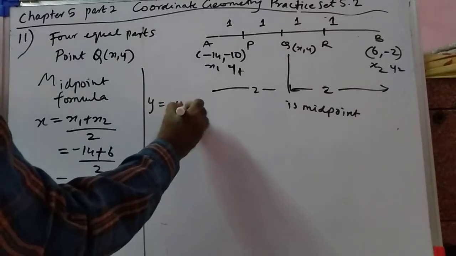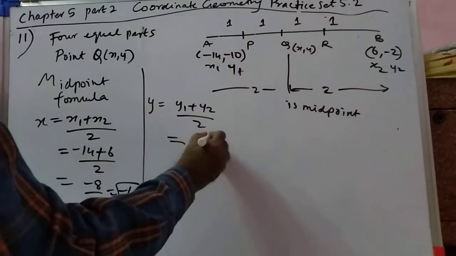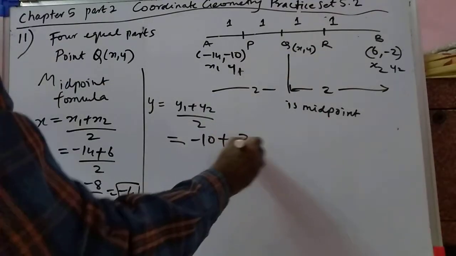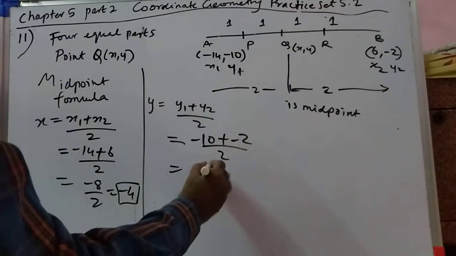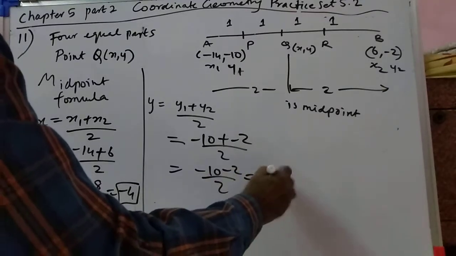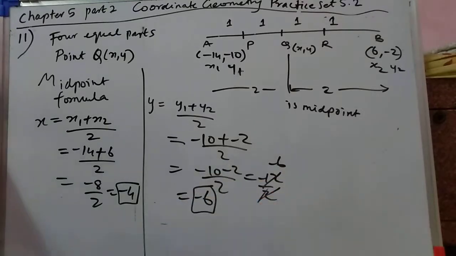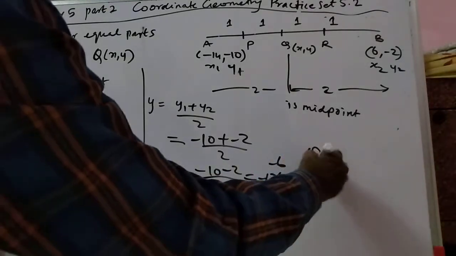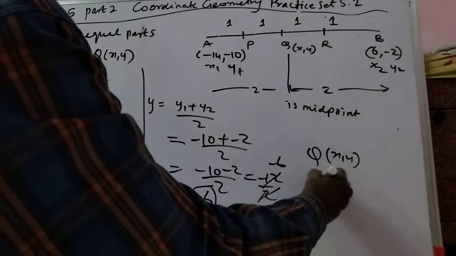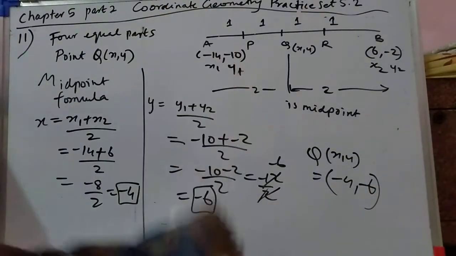Take y is equal to y1 plus y2 upon 2. y1 is minus 10 and y2 is minus 2, upon 2. That is minus 12 upon 2, minus 6. So I got point Q. Q, x comma y, is equal to minus 4 and minus 6.